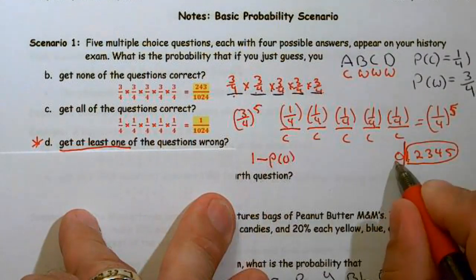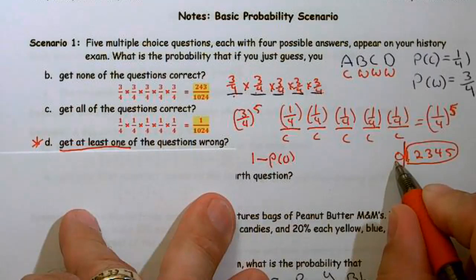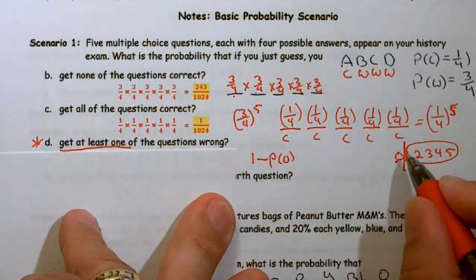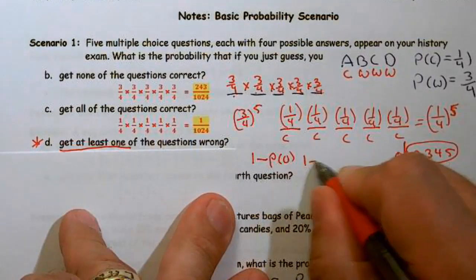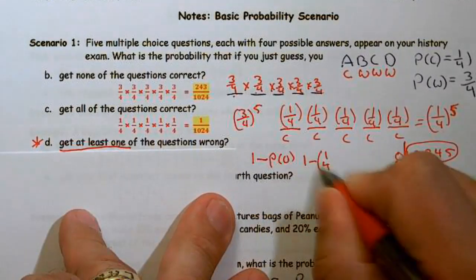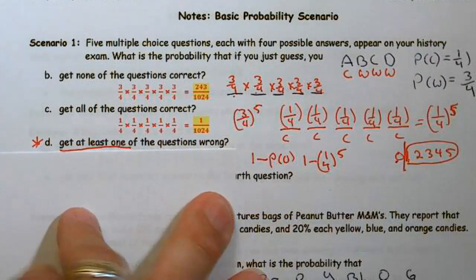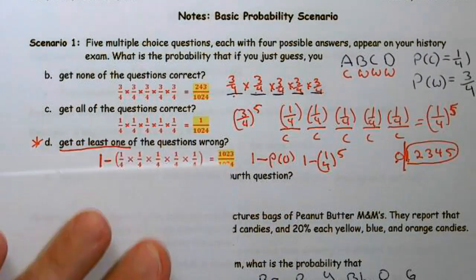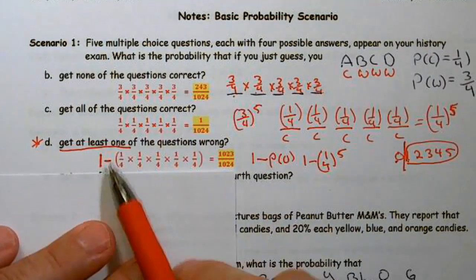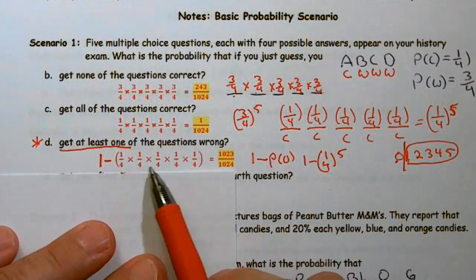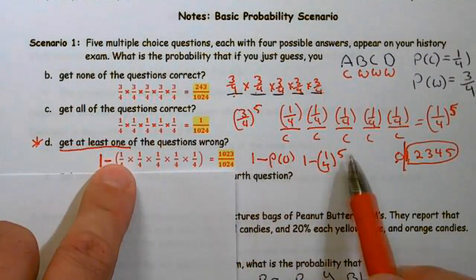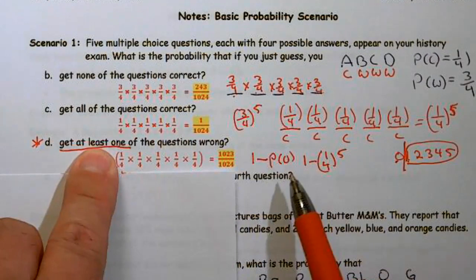Well, what's 0 wrong? 0 wrong is the probability of all correct. So I could just go 1 minus 1/4 to the 5th power. And that way I can do that fairly easily. And that's 1 minus the probability of getting them all correct, because I wasn't interested in them all correct.